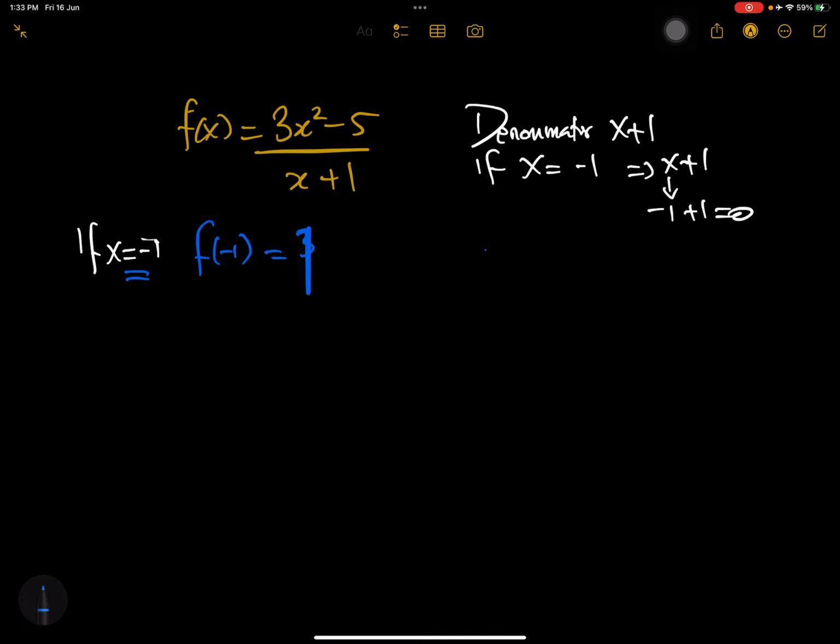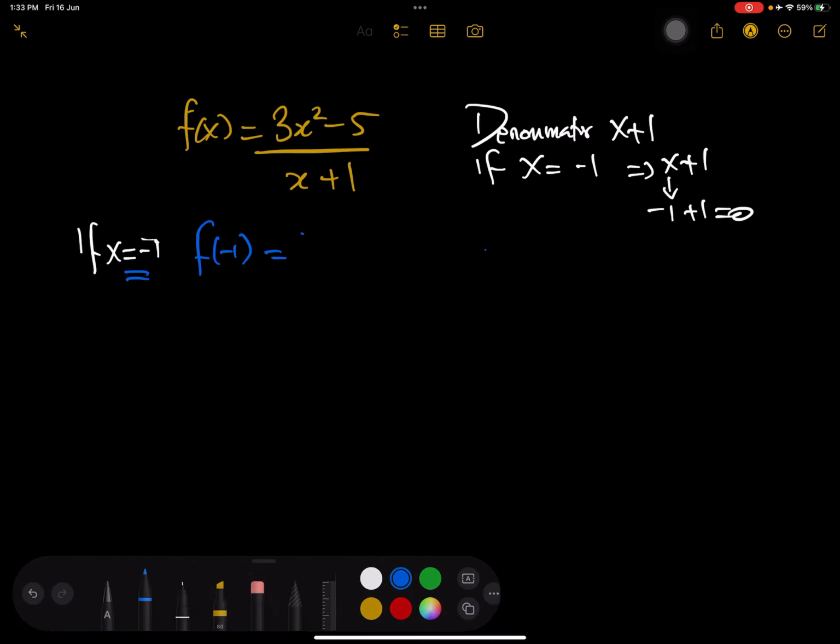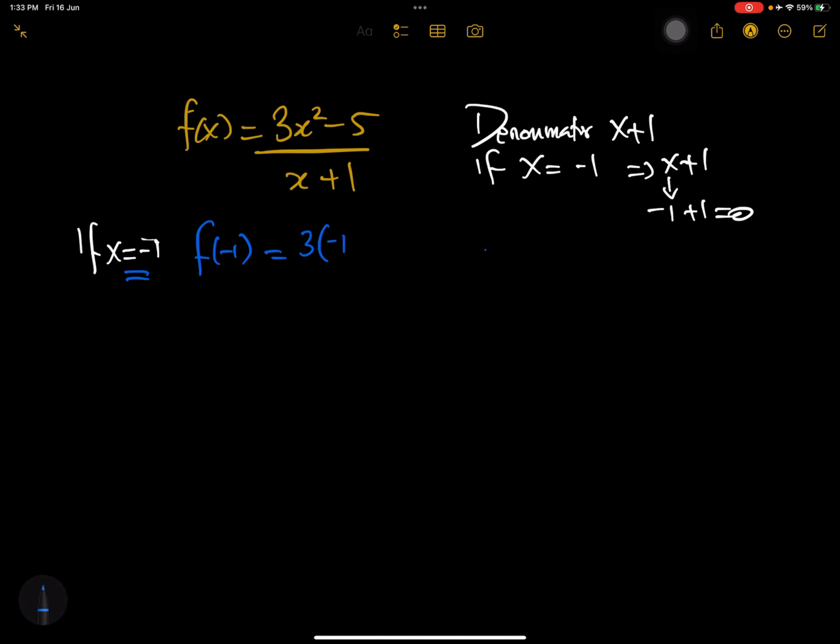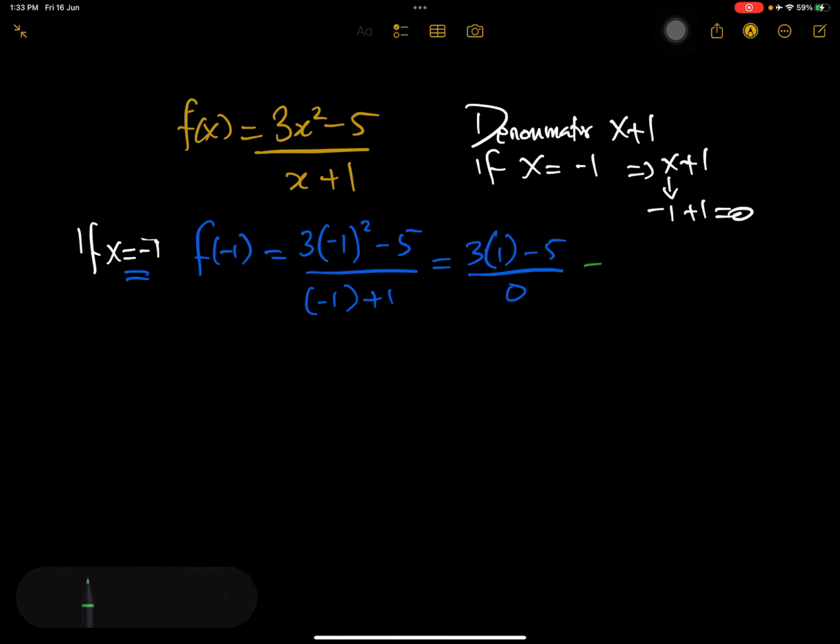It's going to be 3 into -1 squared minus 5 divided by -1 plus 1. The numerator gives 3 times 1, minus 5, but the denominator becomes 0. And we don't want that. That makes it undefined.